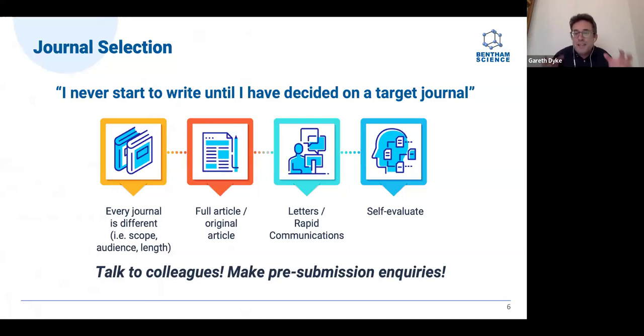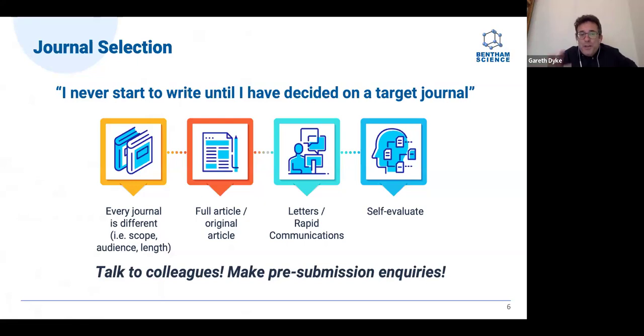One of the best pieces of advice that I can give you as an academic, someone who's worked in both research and publishing, is before you begin to write your next paper, select a target journal. Have a journal in mind.